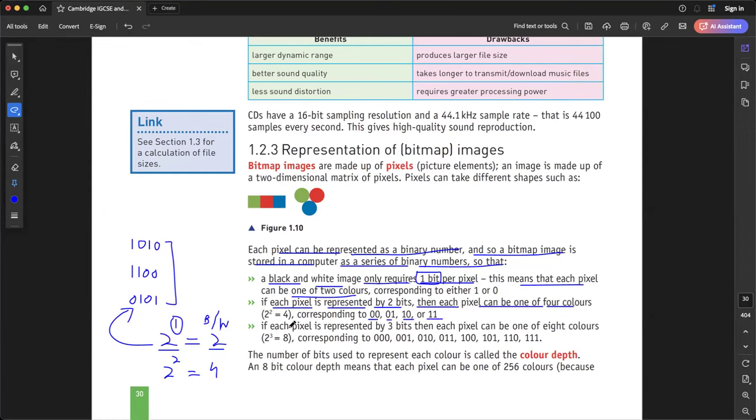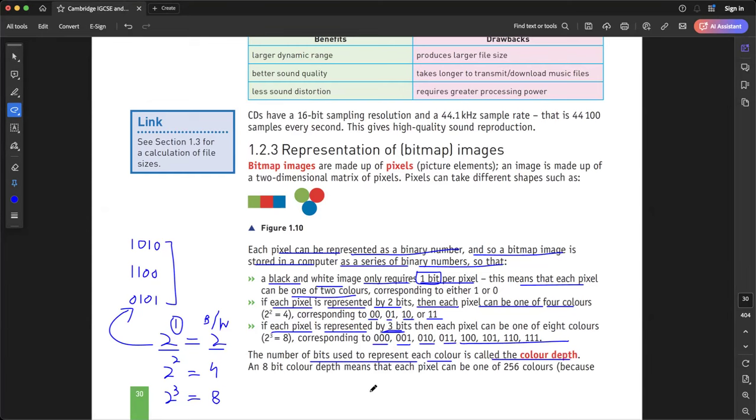Okay, if each pixel is represented by 3 bits, then what happens? 2 power 3. Can you tell me the answer? 8. Yes, it means there are 8 colors, represented like 000, 001, 010, 011, and so on. So the number of bits used to represent each color is called the color depth.